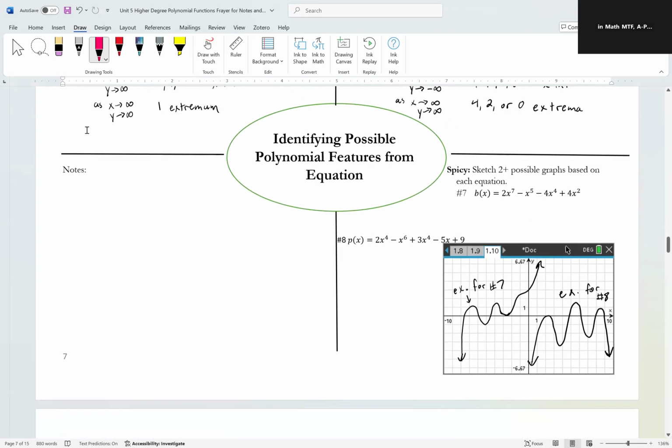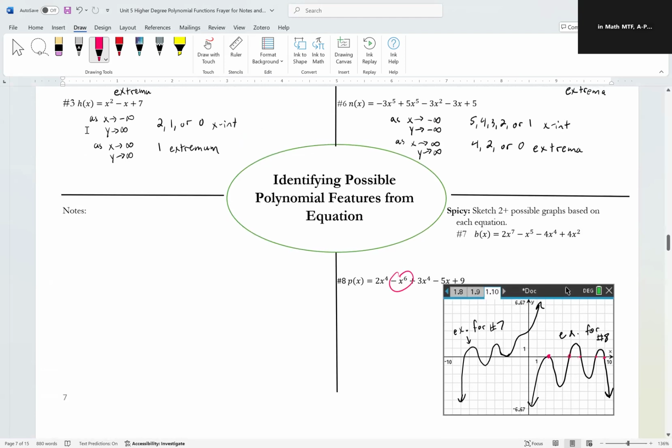So for number 8, I got 1, 2, 3, 4, 5, 6 zeros in those x-intercepts. I could have made some of those imaginary, anything like that. And that's all based on this degree here. It's going down because of that idea of a negative leading coefficient.